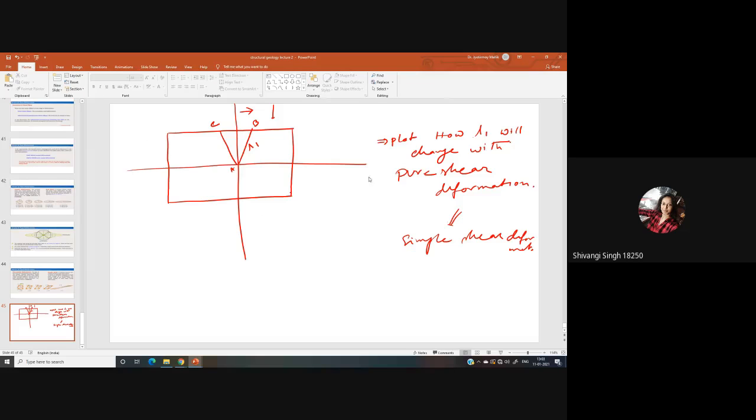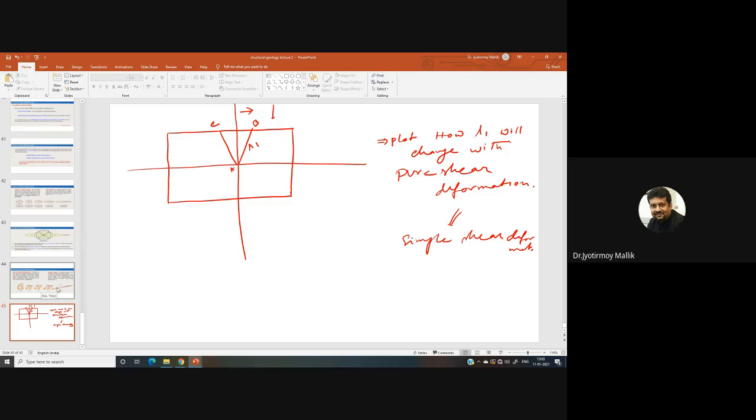Sir, what do we need to do with the line AC? Yeah, you have to tell me how the length of that line will change with deformation, both in case of pure shear and in case of simple shear. So that is for both the lines, from A to C and A to B. Okay, for both of them? Yeah, how the length will change, whether the length will remain constant or the length will change.